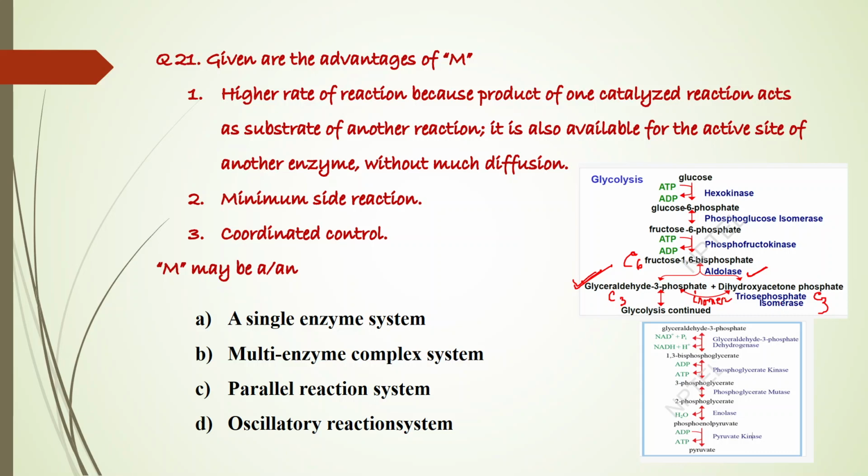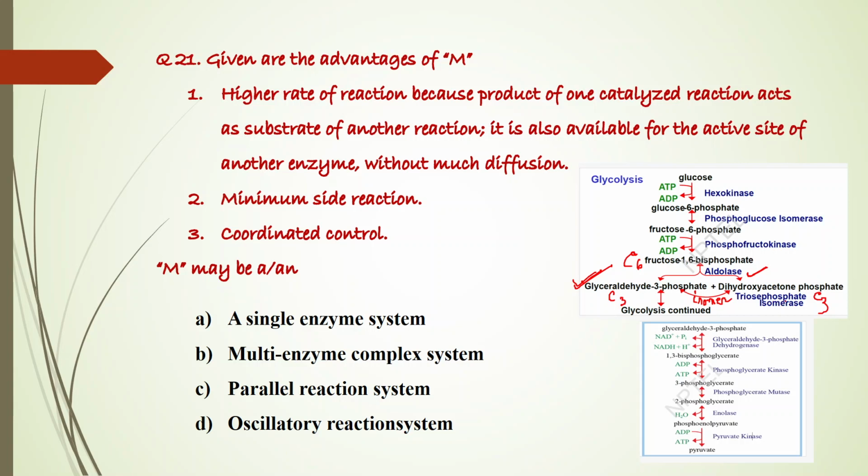But because they are isomers, both of them will be formed, and this transformation between these two will be governed by some kind of isomerase. You already know that isomerase does the conversion between two isomers and helps in the process. So this triose phosphate isomerase is basically that particular isomerase which governs the isomerization between these two compounds, this ketone compound and this aldehyde compound.